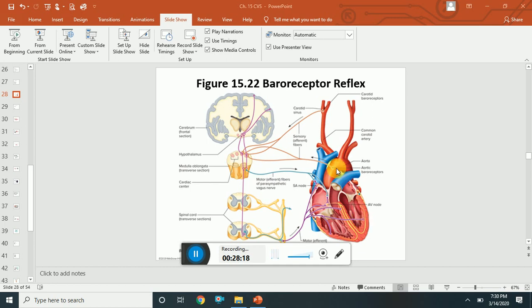While if the blood pressure was too high, we've got motor fibers, the parasympathetic, these blue fibers, going to send inhibitory impulses to the SA node and to the AV node. You see here that parasympathetic does not supply the ventricles. There are no parasympathetic or blue fibers reaching the ventricles.